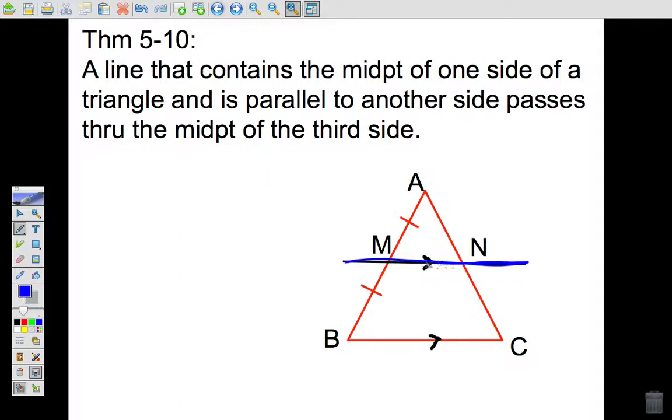If that segment contains the midpoint of one of the sides of the triangle, now is M a midpoint of AB? It is, because these two parts are equal. So if I've got a segment that contains the midpoint of one side of the triangle and is parallel to another side of the triangle, then it hits the midpoint of the other side, meaning that N is the midpoint of AC, or in other words, those two parts are equal.